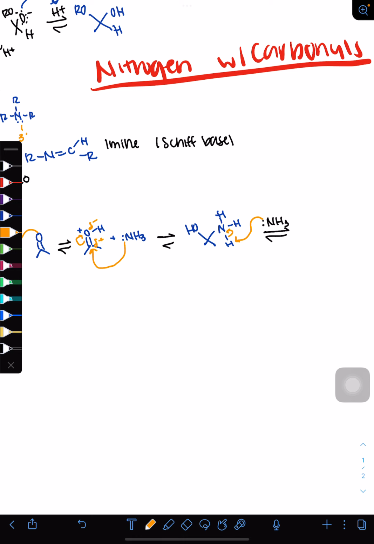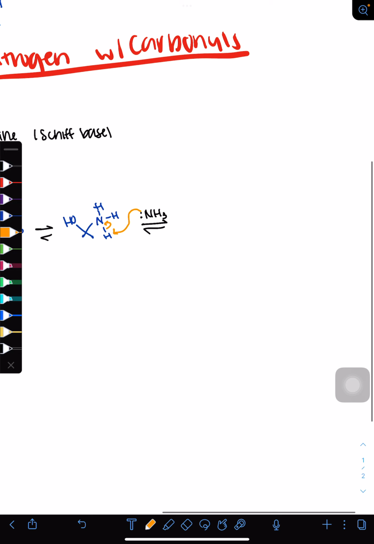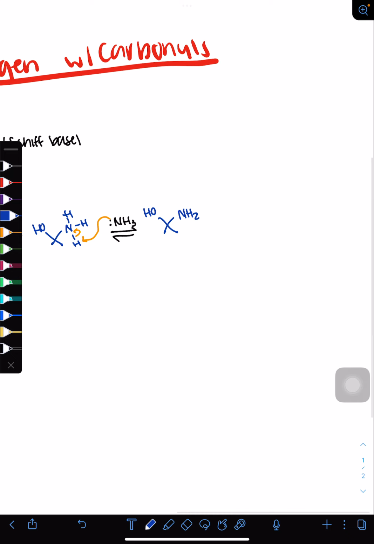We'll give back to the nitrogen. That'll give us NH2, and this is an OH. And then that plus the NH4 that we just created from here, we have N, H, H, H, H.